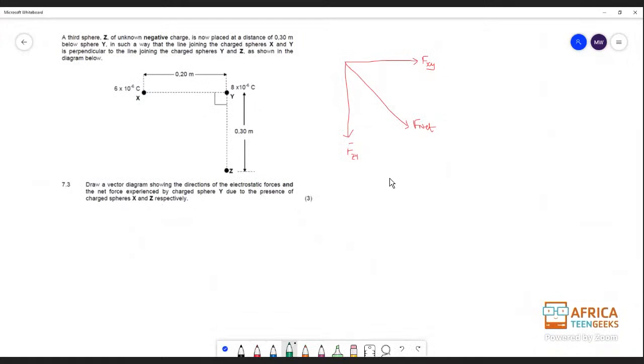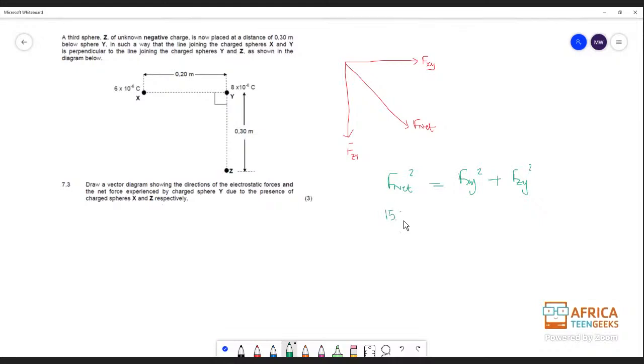So it's going to be that F net equal to Fx squared plus Fzy squared. They told us that our F net is 15.2.